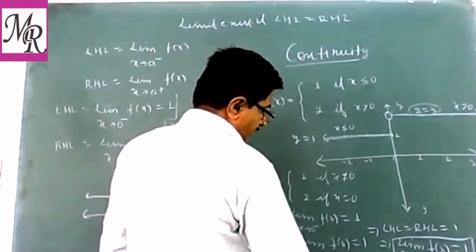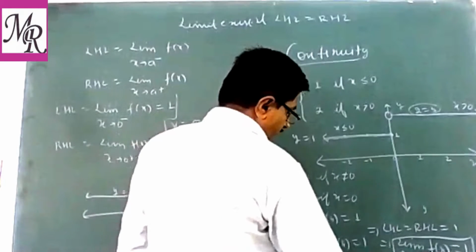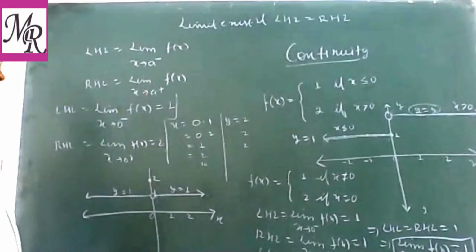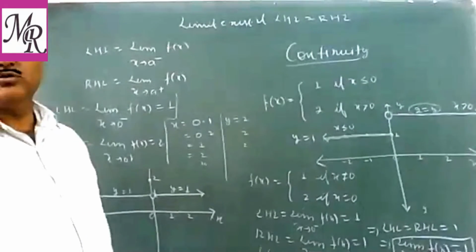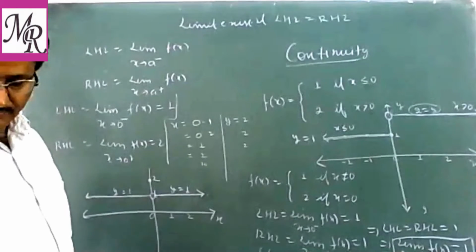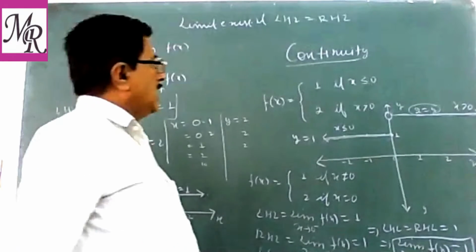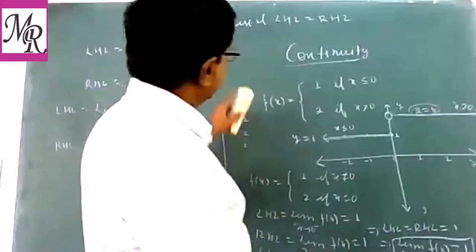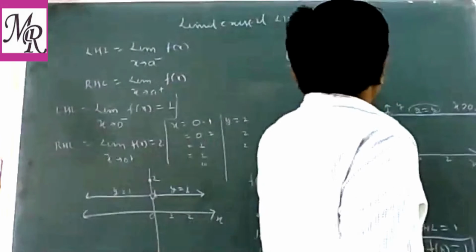So there is a secondary condition for a function to be continuous: the value of the function should also be equal to the limit. Now we can say, इसका तो हम लिख लेते हैं, कंडीशन क्या होगी फंक्शन की?